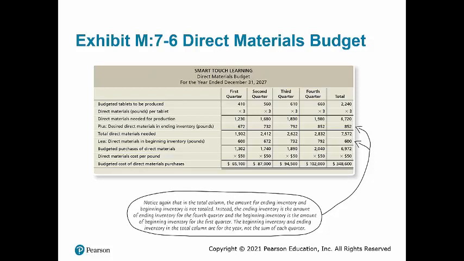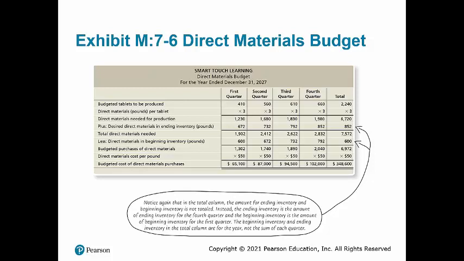Then we add the desired ending inventory to the direct materials needed for production to get direct materials needed. So in the first quarter, we would add 1,230 pounds to the 672 pounds in ending inventory to get total direct materials needed of 1,902 pounds, and we would do that for the second, third, and fourth quarters.